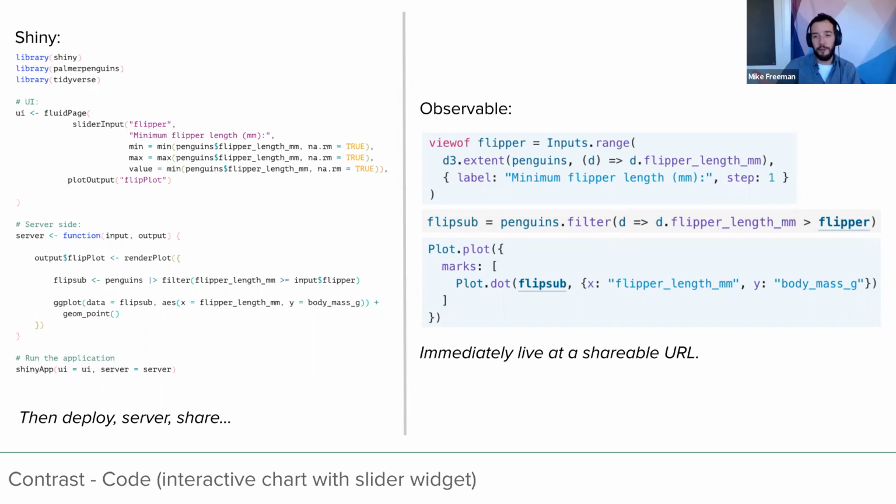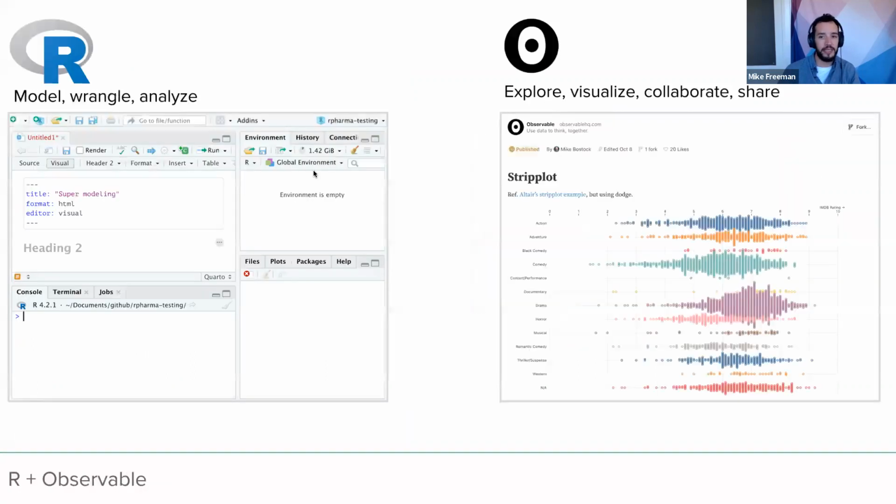So while there is this great way of getting OJS cells in Quarto documents, there's a lot of configuration to get started. We didn't want folks having to install and deal with things. We have a pretty simple suggestion here, at least for getting started. We're making the pitch that R is a great place for your data wrangling. It is certainly a fabulous place for your modeling to happen.